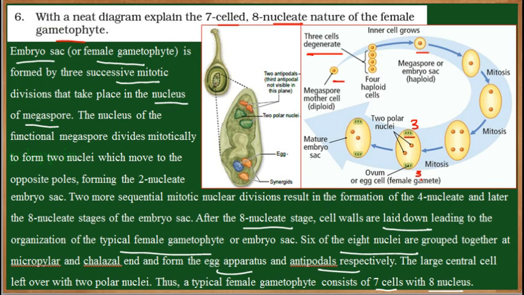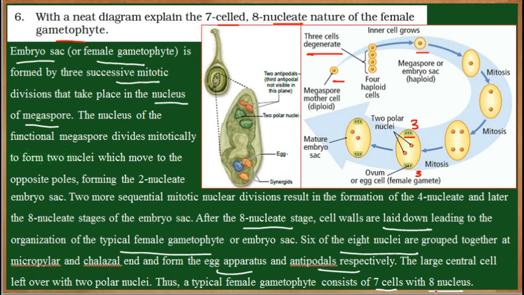So therefore 3 nuclei would be here, surrounded by cytoplasm and the cell, and at the center there are 2 nuclei. Here there is no formation of a cell, just the nuclei remain at the center. So the total number of nuclei would be 3 plus 3, 6, and here 2, 7, 8.